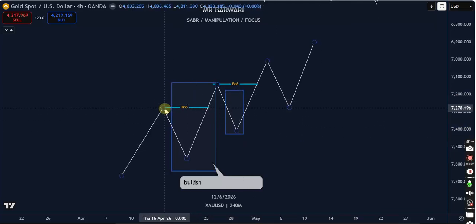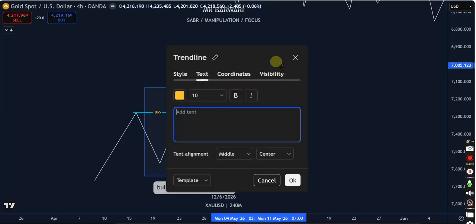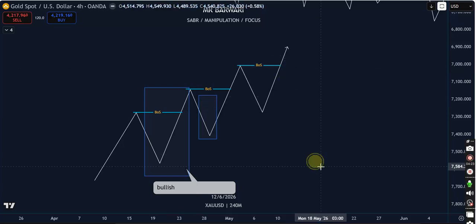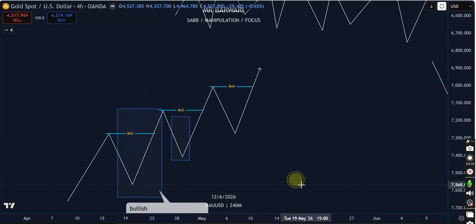So after seeing break of structure 2 times, the most likely thing we're going to do is come back and break structure one more time. This is a bullish market, and this is how we use break of structures and identify a bullish market. So that's just the basic.